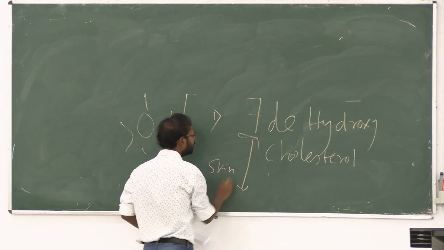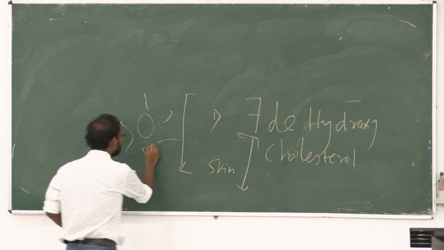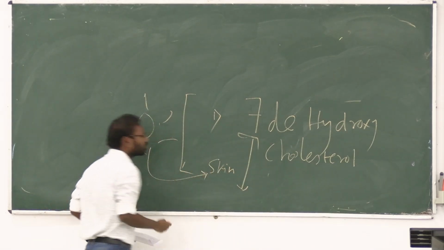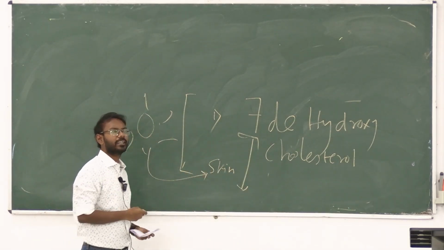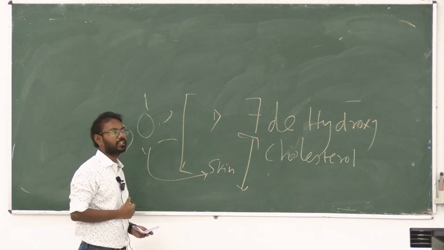Actually, this is in our skin. The sunlight comes. So we know sunlight helps to generate vitamin D.